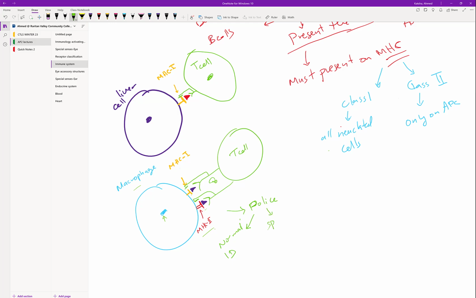And then they have the special ID that says I am a policeman or a policewoman. That is kind of the same thing here. MHC-I is the normal ID for all nucleated cells of the body. The special ID is the MHC-II. This one says that I'm an antigen presenting cell.